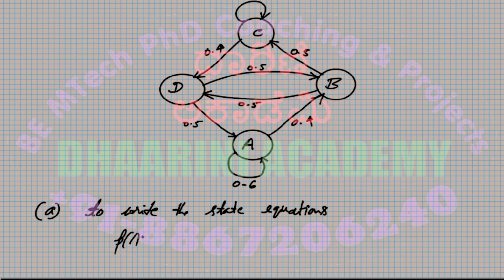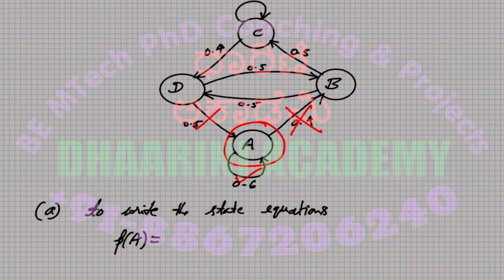This is how you'll start. Start with any one state, and in what all ways you can reach that state, you are going to look at that only. So I'm going to consider this and this, because I can come to state A either from D or from A itself. That's what I understand when I look at this particular state diagram.